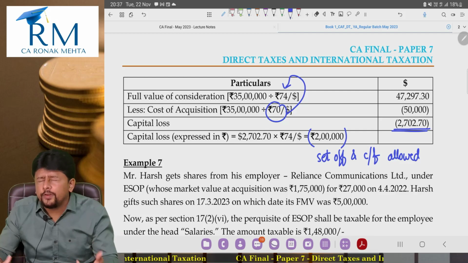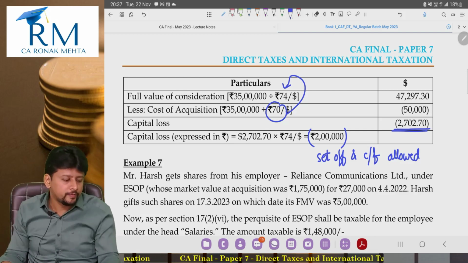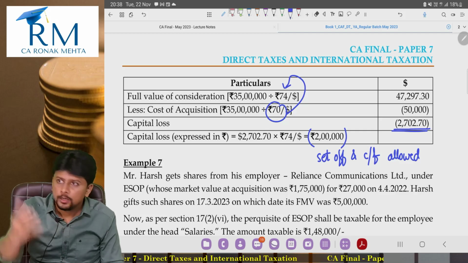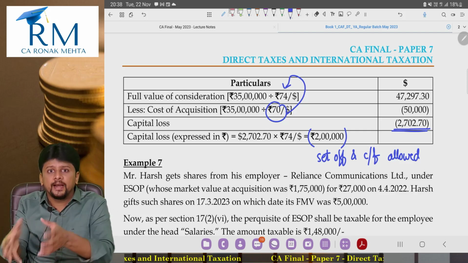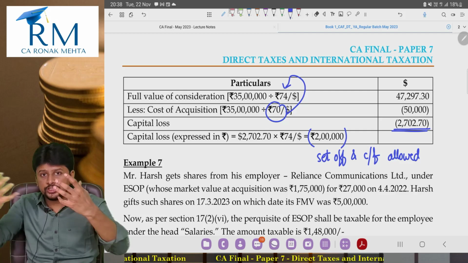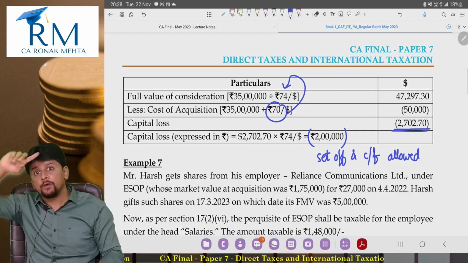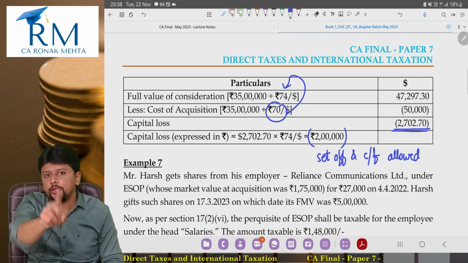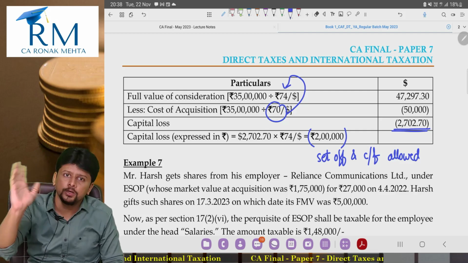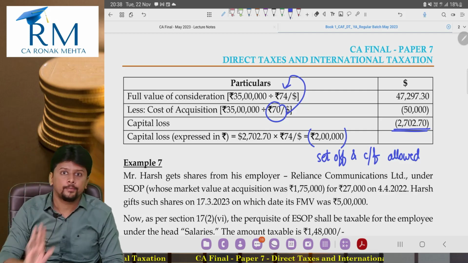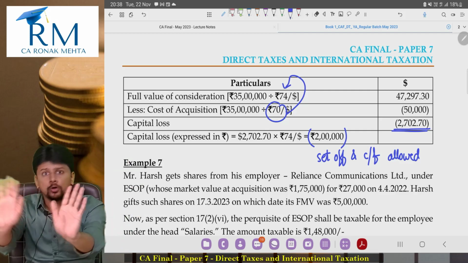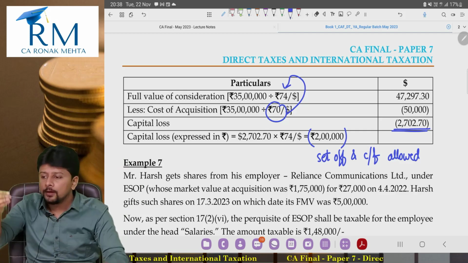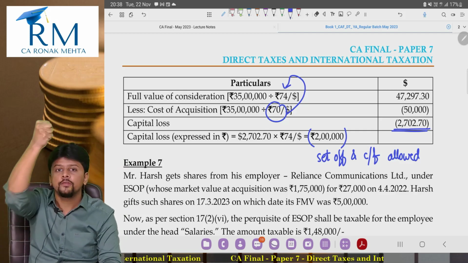It is for the benefit of non-resident, and the reason is also pretty obvious, we are giving benefit to the non-resident. You invest into our Indian company by buying these bonds, we will get foreign exchange inflow into the country. Now at the time of redemption, if rupee depreciated, non-resident, you will have a loss calculated. Take that loss calculation, set off, carry forward, permitted. If rupee appreciated, don't worry, on that appreciation, whatever gain you had, we will not tax that gain. We will remove that amount from the full value of consideration only.